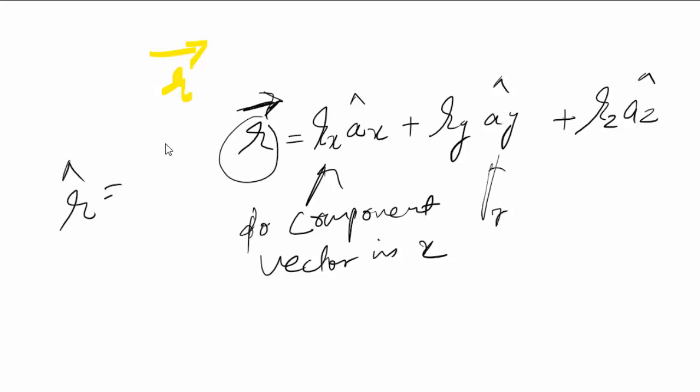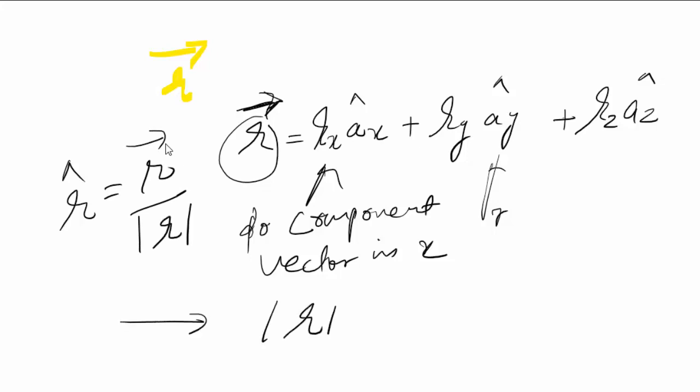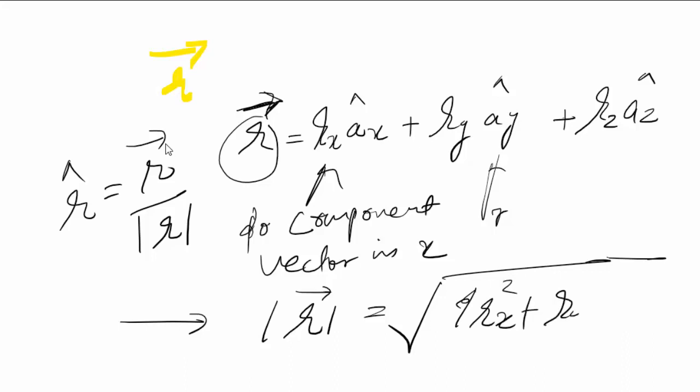Again, your unit vector is the vector itself divided by the magnitude, and to find the magnitude, the simpler way is to take the square root of the sum of the squares of each of the component vectors. So rx square plus ry square plus rz square.